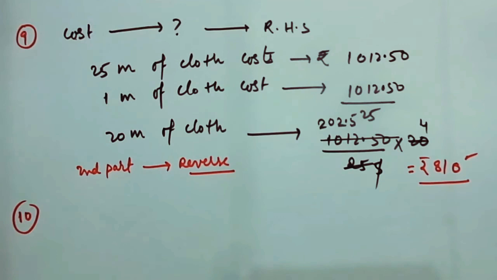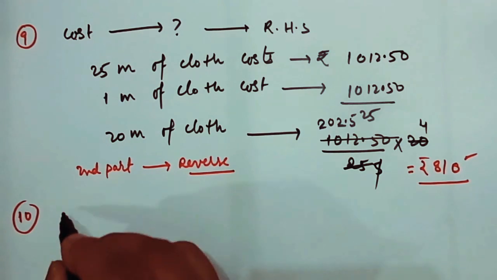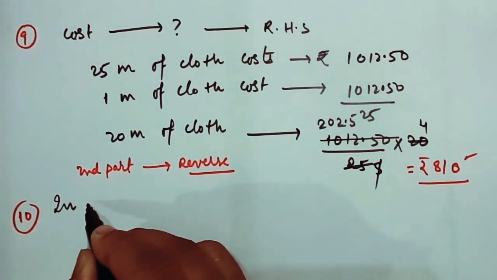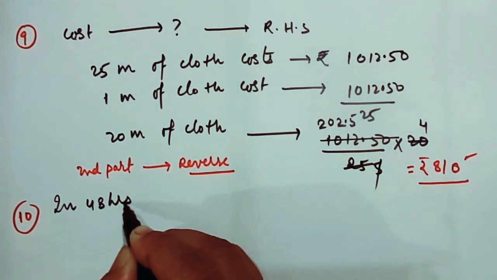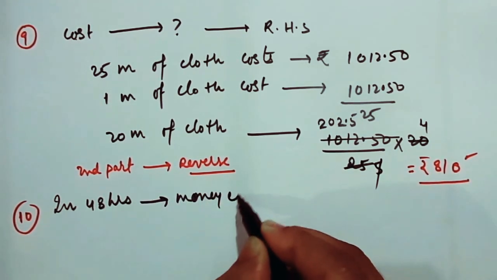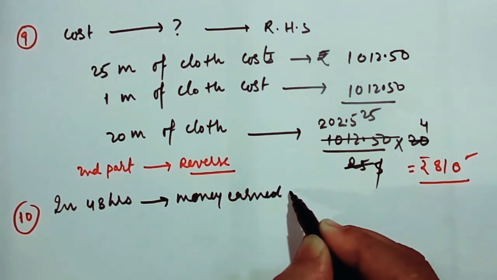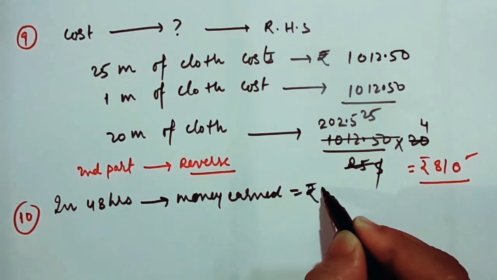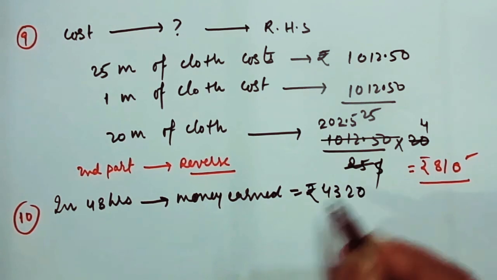In a particular week, a man works for 48 hours and earns this much, but in the next week he earns less. How much has he earned? So again they are asking you the amount of money. Let's start. In 48 hours, money earned is equal to rupees 4320.